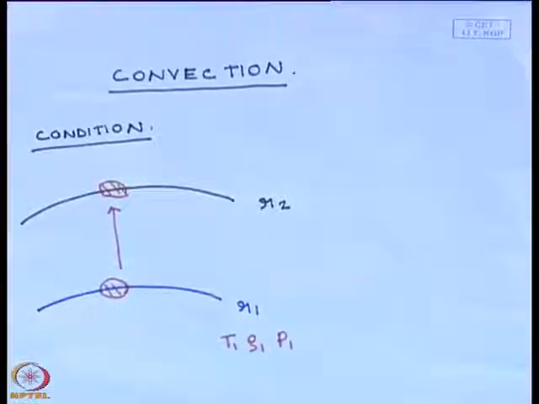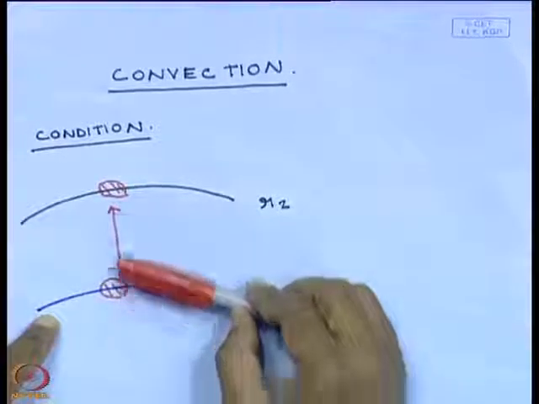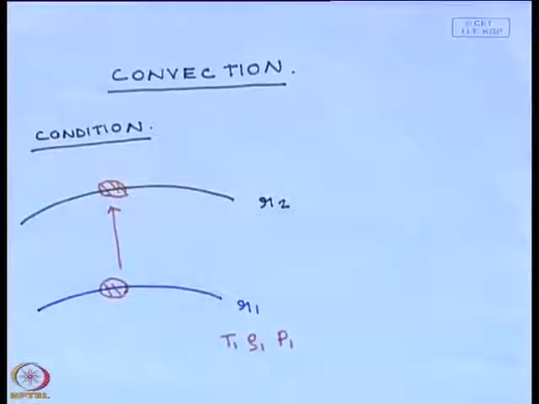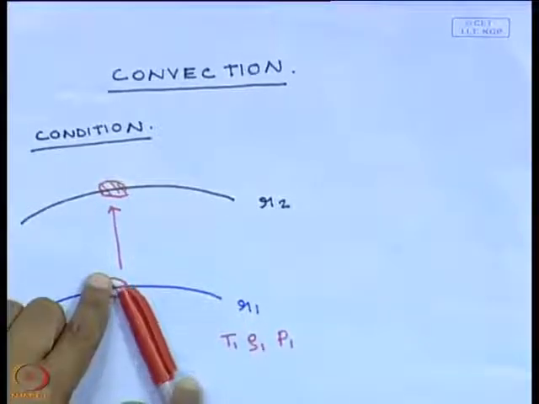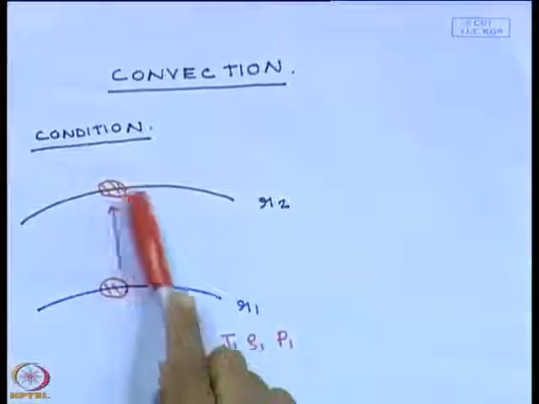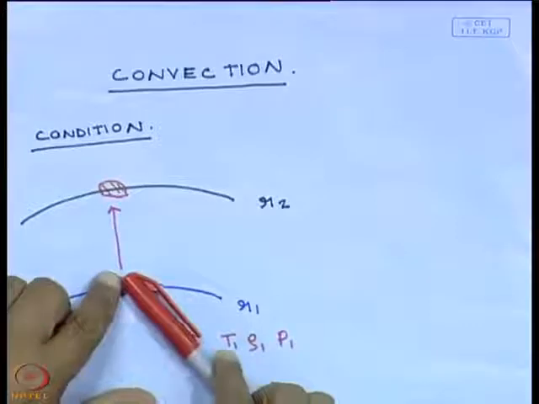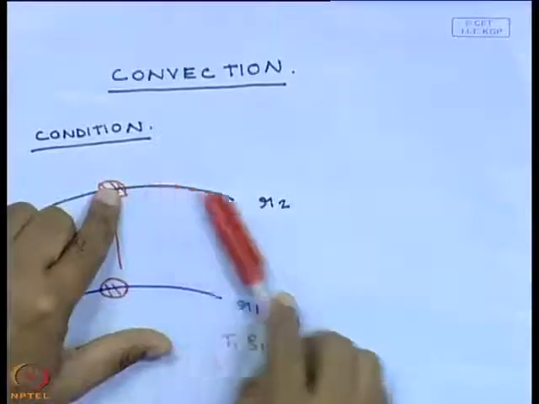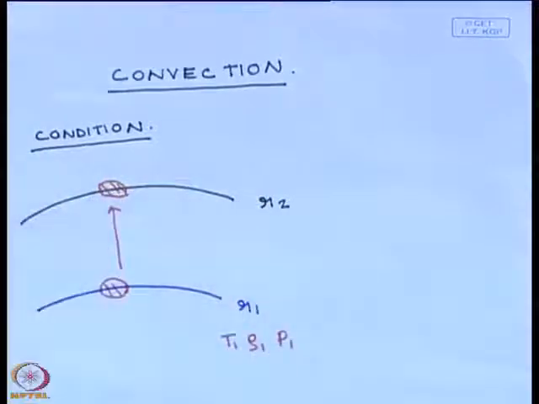Now, we know that the temperature falls as you go outwards. As the height increases, the temperature falls. So, when the bubble moves from here to here, it moves to a cooler region, and the temperature outside is lower.